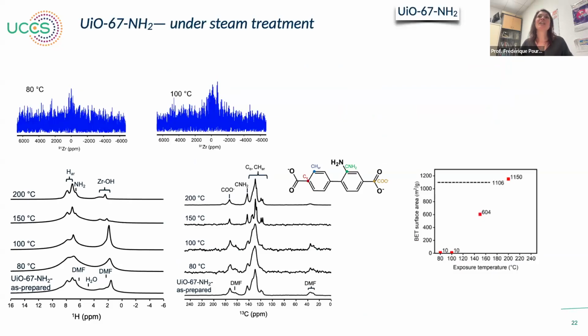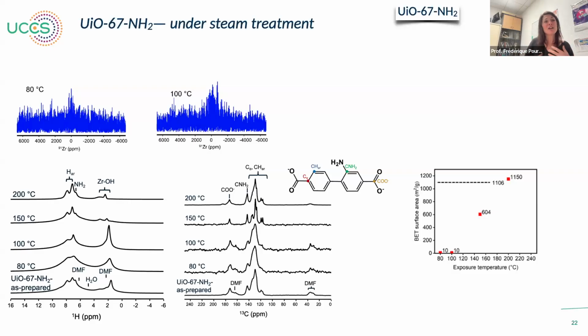If you look at the UiO-67 NH2, it's another story. At 80 degrees C and 100 degrees C, it was not possible to observe a nice signal to noise, even after 24 hours of recording of experiments. And the main reason is, as you can observe, you have a lot of distribution in the carbon-13 NMR.